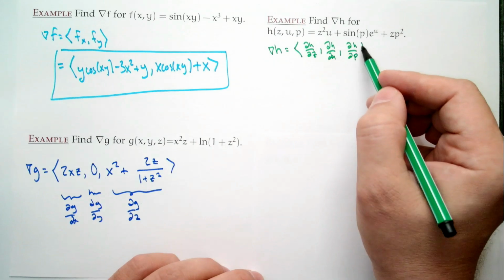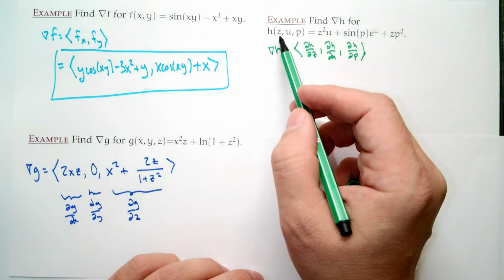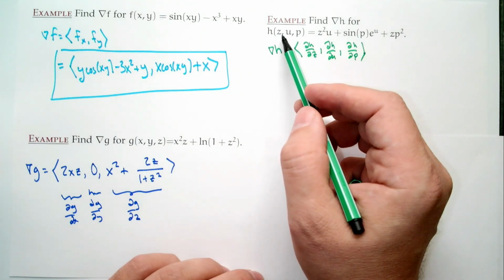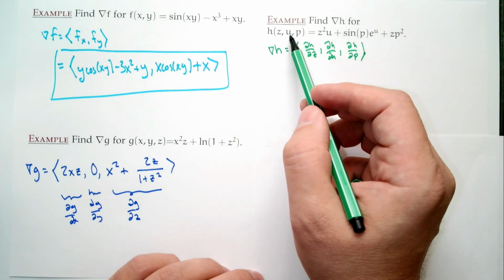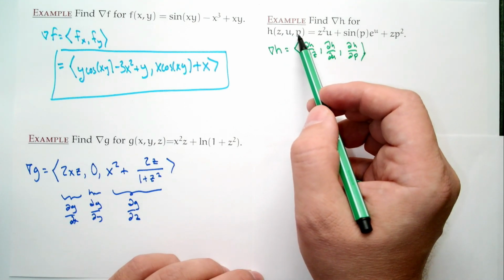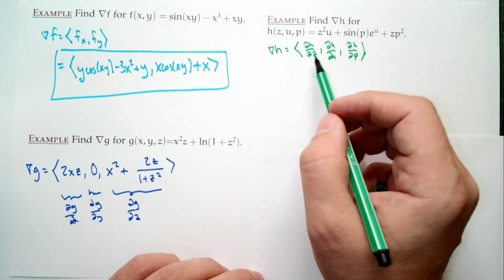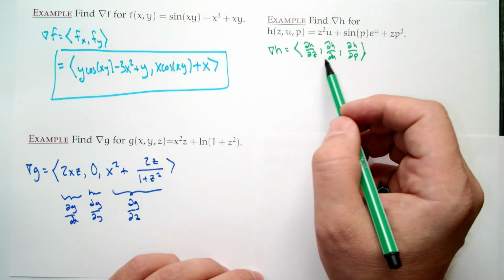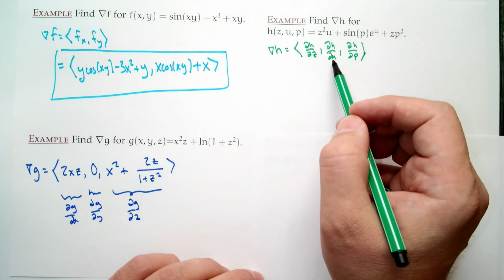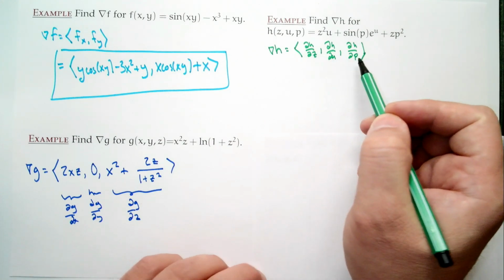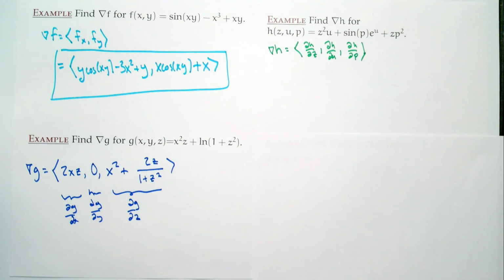So really, you should think of the z as the variable in the first slot. U is the variable in the second slot. And p is the variable in the third slot. And so when we fill in that gradient, what goes in the first slot? That's the first part. What goes in the second slot? That's the second part. And what goes in the third slot? That's the third part.